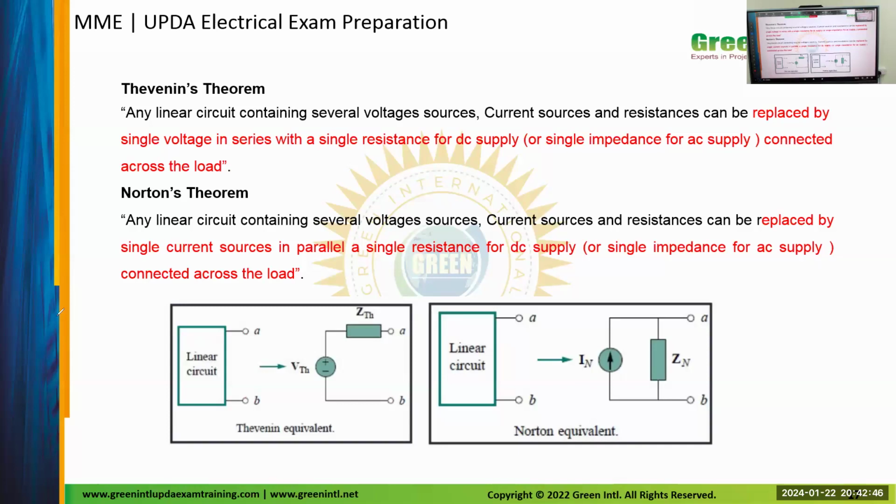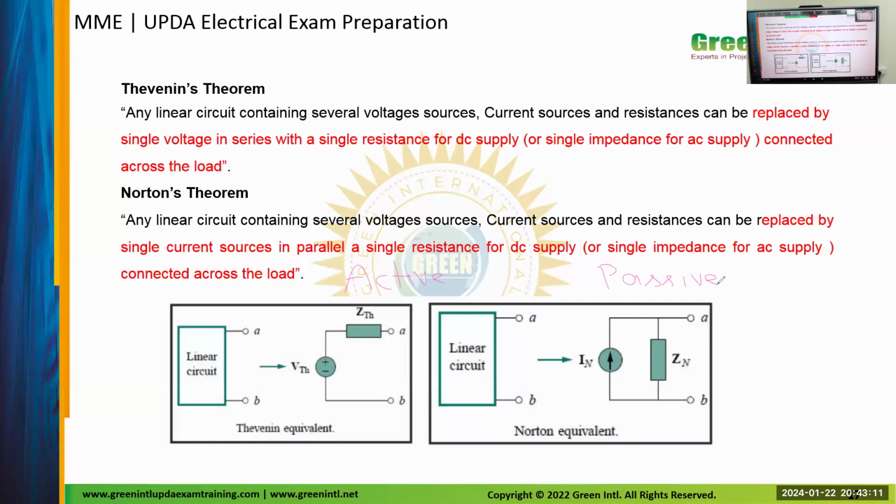So what is the difference for the simple circuit? The simple circuit always has one active component, one passive component.